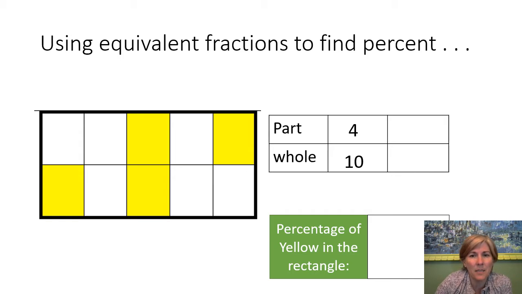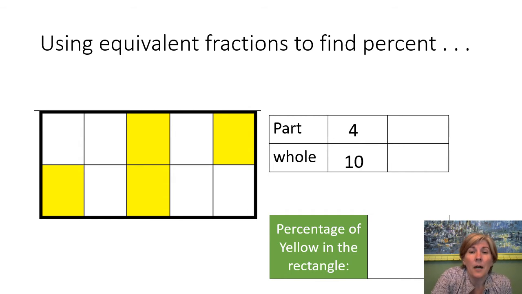Because percent is per 100, because cent means 100, and per, so is per cent, per 100. So I have to figure out what would I need to multiply that denominator, so the number on the bottom, what would I have to multiply that by to get 100, to turn this into 100?